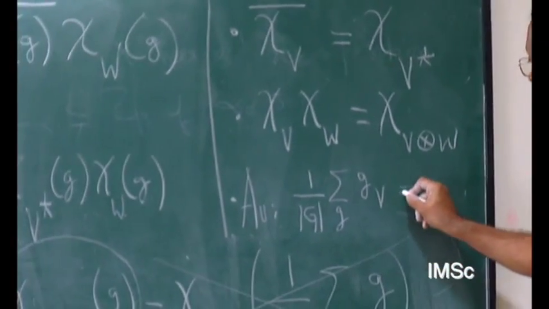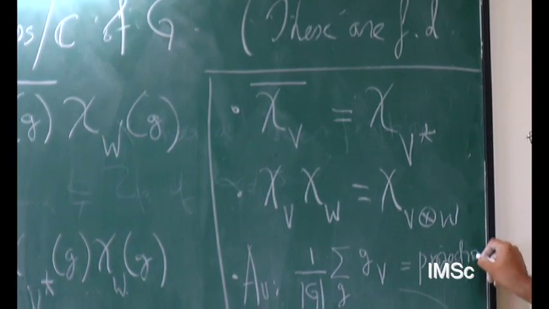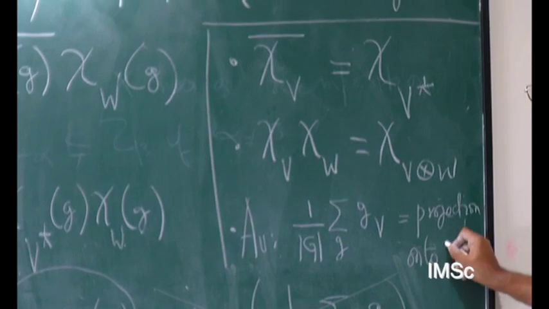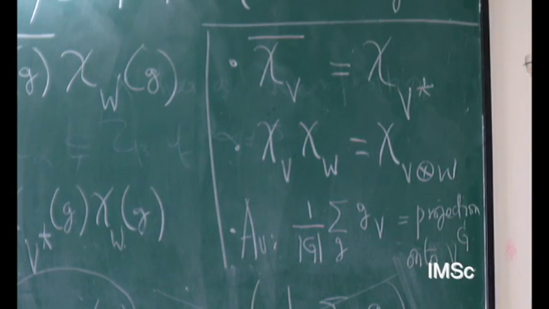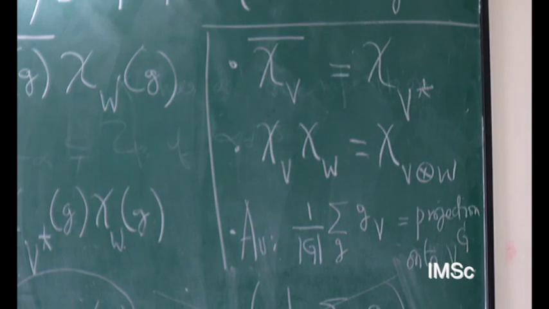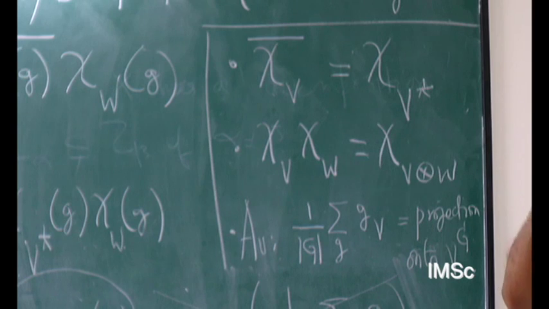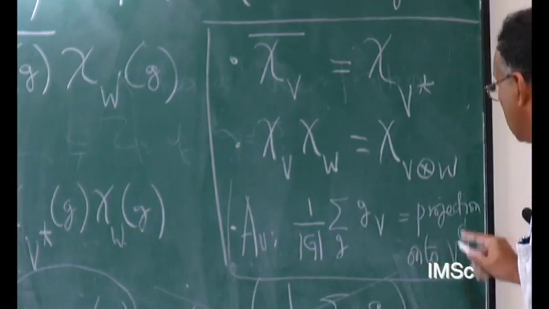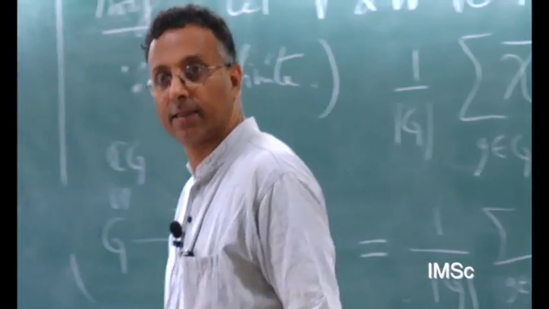This is projection onto V upper G, that is, those elements of V that are fixed by all elements of G. So this is the formula for averaging. That's what the averaging does.